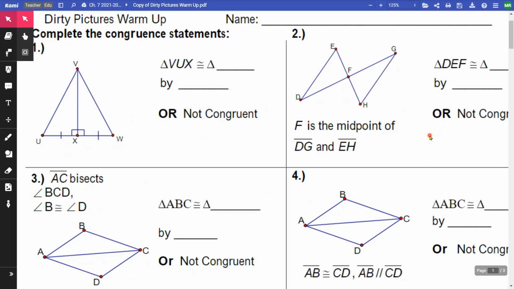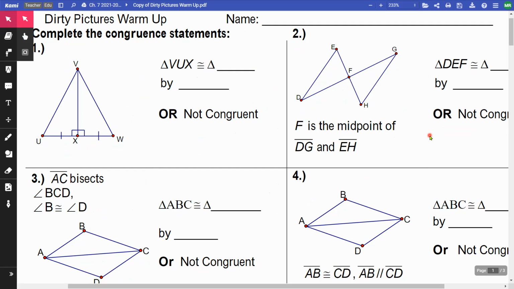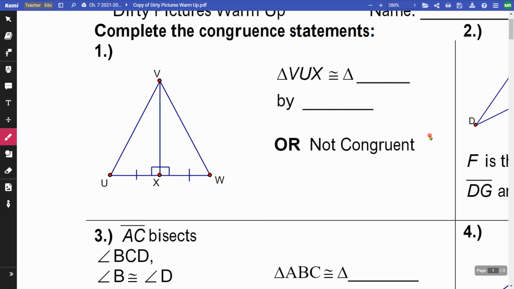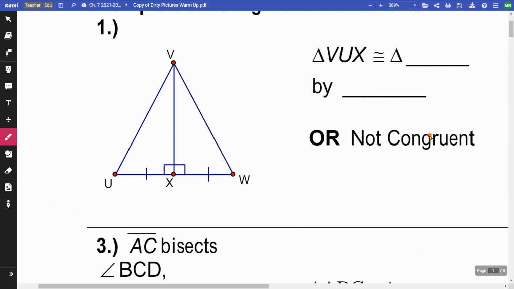So what we're doing in this is we're deciding whether or not triangles are congruent. We're going to say, yes, they are congruent, no, they aren't congruent. Do what we call a congruence triangle statement and give a reason, okay? So in this situation, what you'll notice is this line segment here and this line segment here are the same, okay?